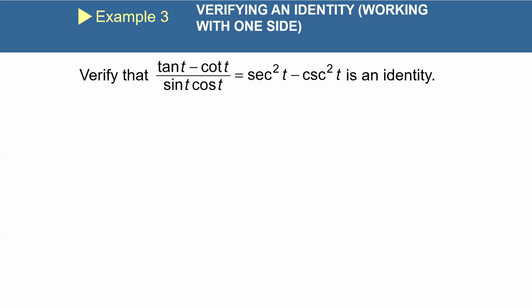Sine squared minus cosine squared is going to factor out to sine minus cosine times sine plus cosine, all over that.